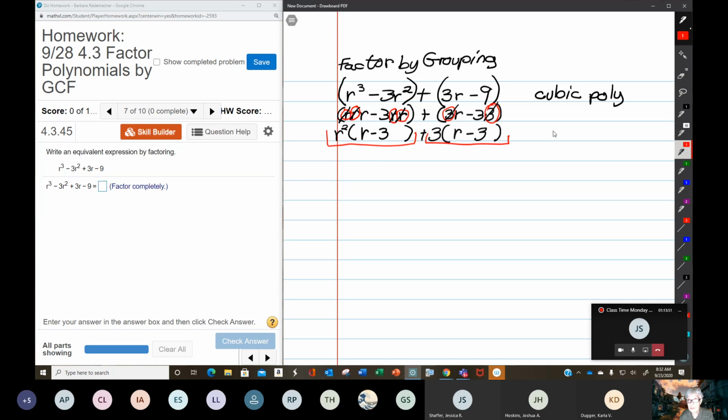Well, polynomials are made up of terms, and inside a term, all the numbers and variables, letters in other words, are multiplied or divided.